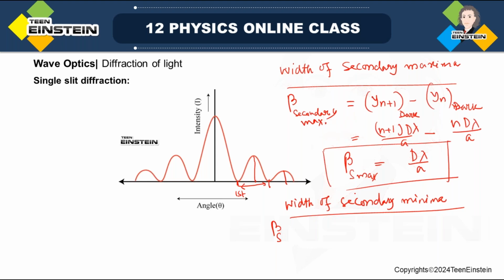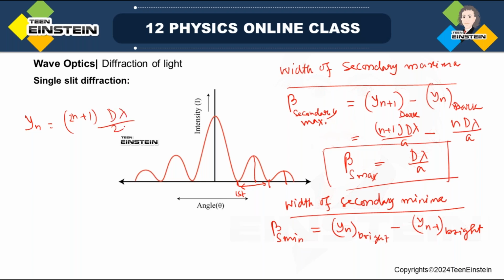and this is minima, beta for that. See, for that, you need to have positions, say position yn, suppose nth bright, minus yn minus 1 bright. If you write this, the condition was, the yn for bright was 2n plus 1 into d lambda by 2a, right?